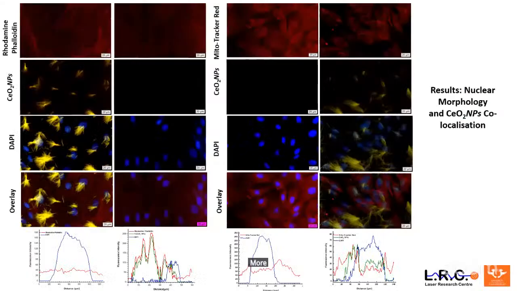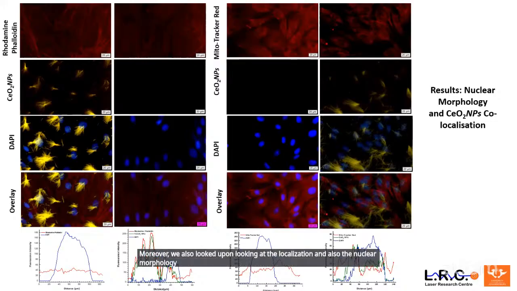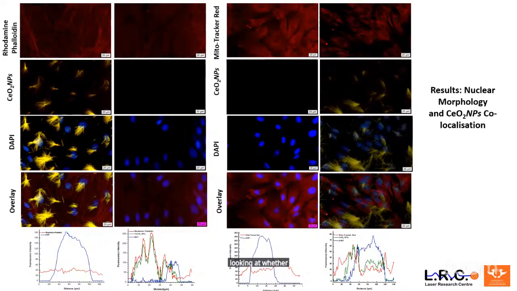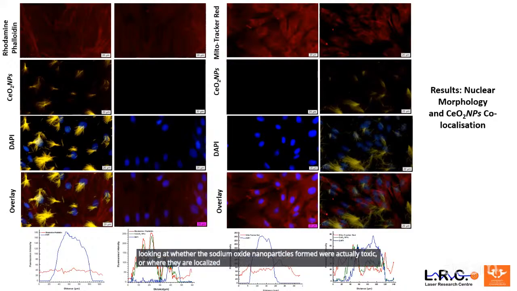Moreover, we also looked at the localization and the nuclear morphology of the fibroblast cells, looking at whether the cerium oxide nanoparticles formed were actually toxic or where they are localized within the cells, right?